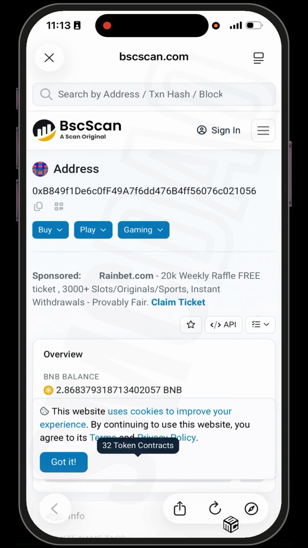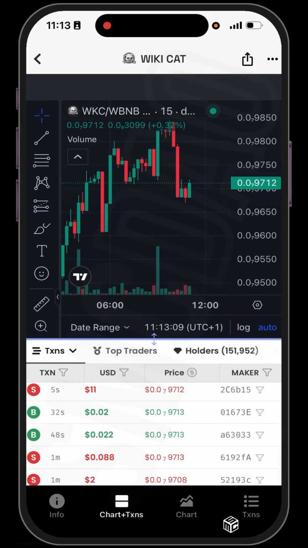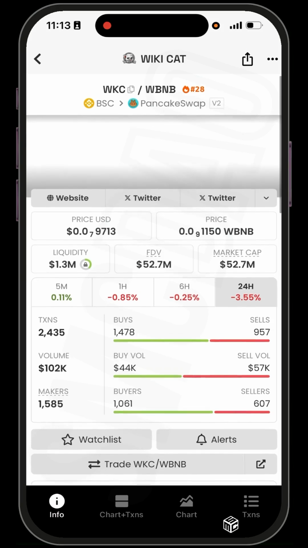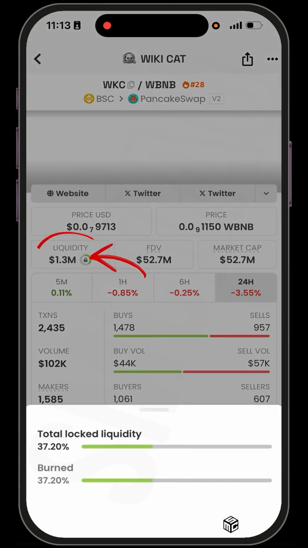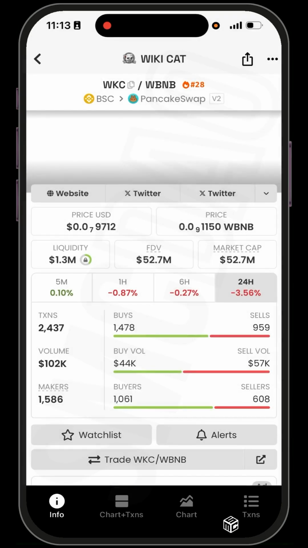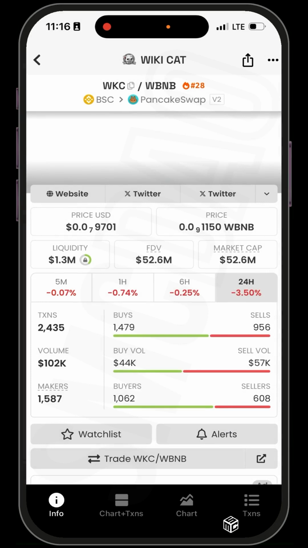You could also study liquidity details, like the liquidity size and whether the liquidity is locked. That's on the info. You can see that the liquidity is locked. Total liquidity 37.20% locked, and literally all of Wiki Cat's liquidity is locked. It's just an internal update for Dex Screener to update this from their end.